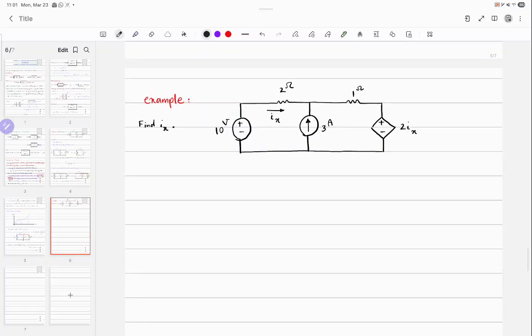Let's solve this using superposition. First, consider only the 10 volt. So what should I do?